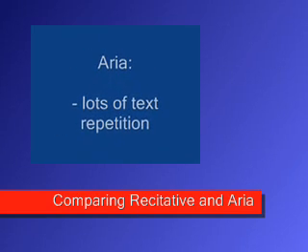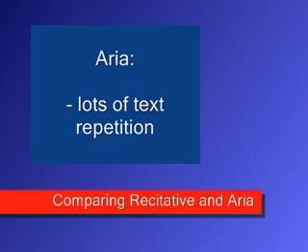In an aria, however, something that is a real song, that is more complex and used for the purposes of expressing thoughts, as in a soliloquy, or emotions, often has lots of word or text repetition in it. Think of your favorite songs. Don't many of them often have words or phrases that are repeated again and again?